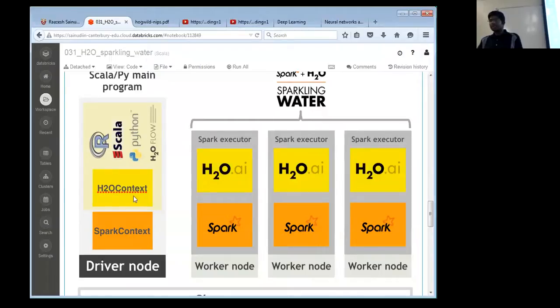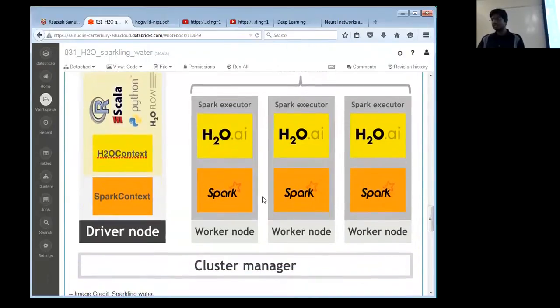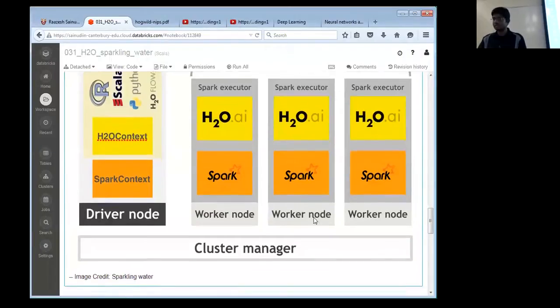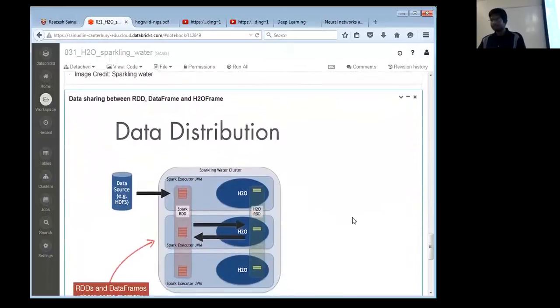Inside your driver, you also initialize the H2O context, and you submit jobs to the H2O context, and this submits jobs to the H2O nodes, which are running on top of Spark executors. Okay, so it uses a similar model as Spark. Because it can run on top of Spark, it's agnostic to the cluster manager used by Spark. So it could be Spark standalone, or Yarn or Mesos or anything, right?